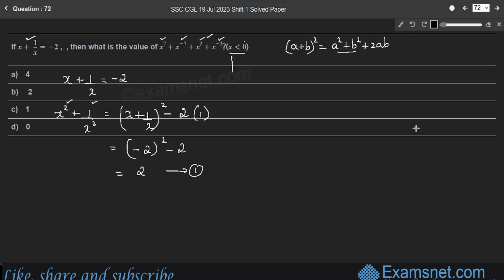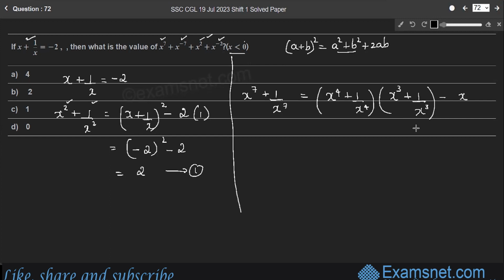Now consider x raised to 7 plus 1 by x raised to 7. Here we can write x raised to 7 plus 1 by x raised to 7 as x raised to 4 plus 1 by x raised to 4 into x cube plus 1 by x cube, minus x plus 1 by x.